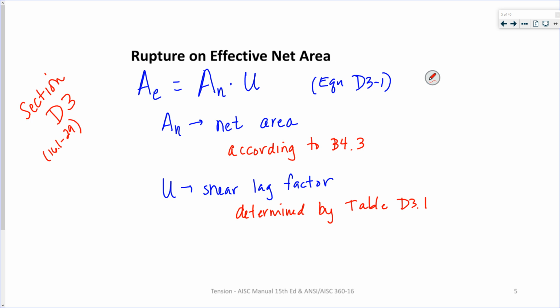Your net area, well, we'll talk about that. So it says B4.3. This is page 16.1-20.